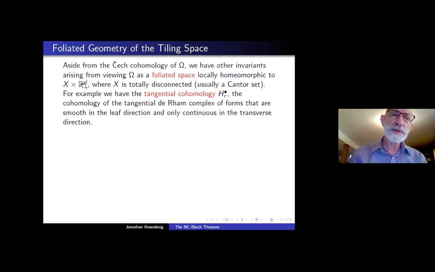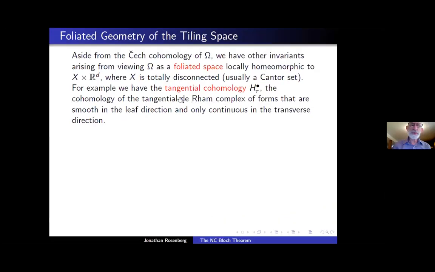So those are forms which are smooth in the leaf direction. So the leaves of the foliation, remember, are manifolds. They're locally homeomorphic to R to the d, so it makes sense to talk about differential forms that are smooth in the leaf direction, and in the transverse direction, we just require them to be continuous.